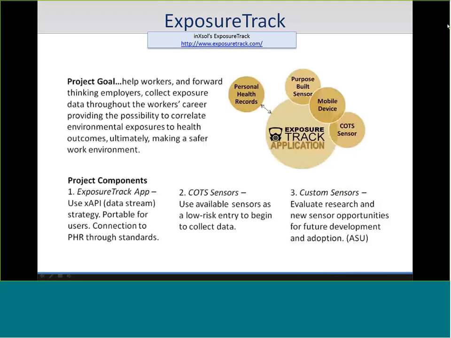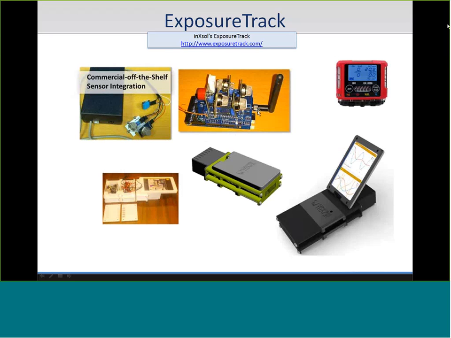The good folks at Inexol have used xAPI to stream data about what people are experiencing in the moment, using commercial off-the-shelf sensors to get information about their environment. And you see here an array of sensors that were used in the development of Exposure Track.